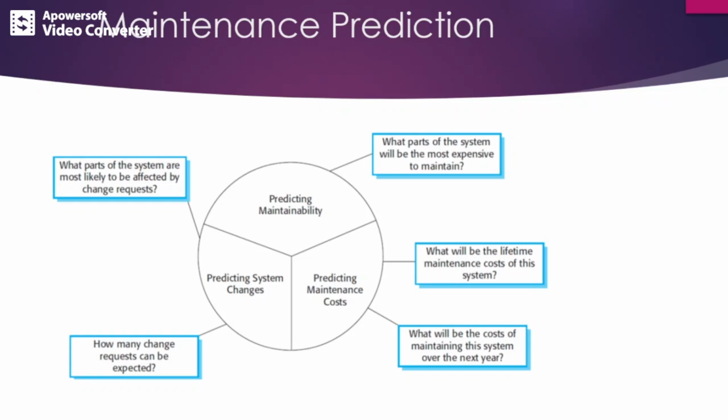You need to see the probability of the part being more affected. Next, how many change requests can be expected? That also you need to see. It's not like go on and do 100 changes. No. You have to see how much your system can bear, how many change requests it can accept. So this is regarding the maintenance prediction.